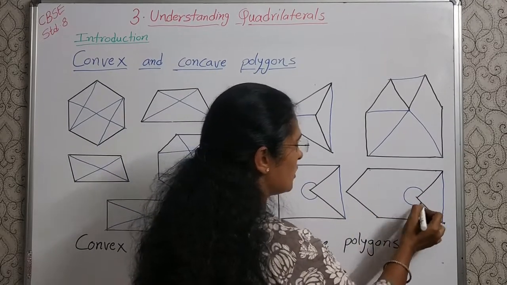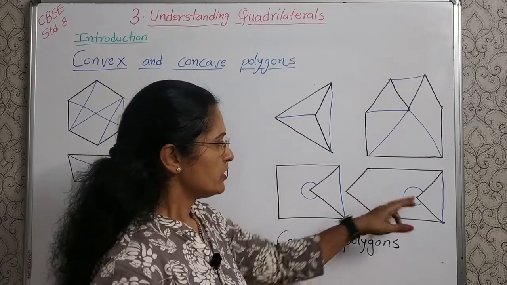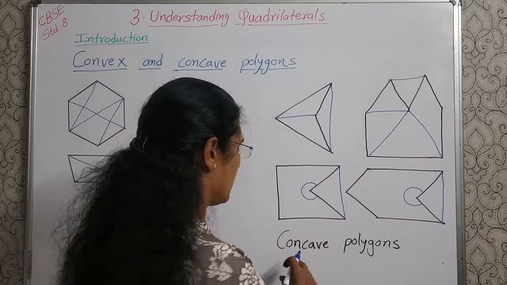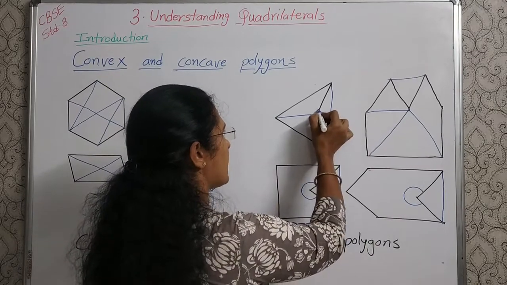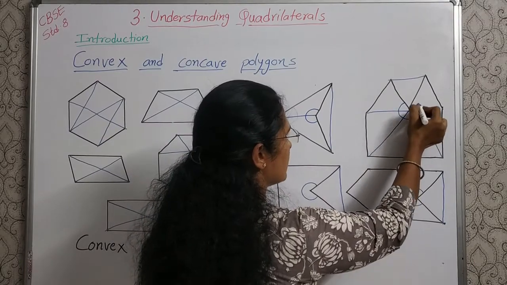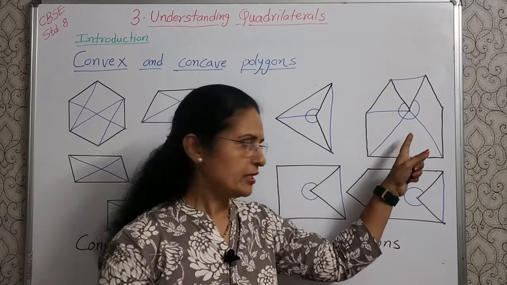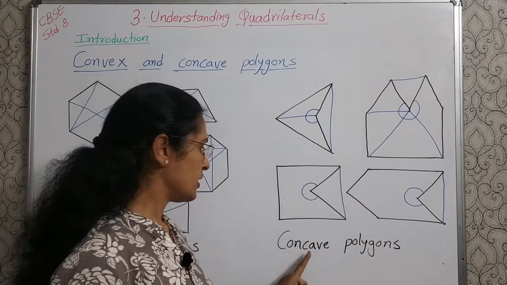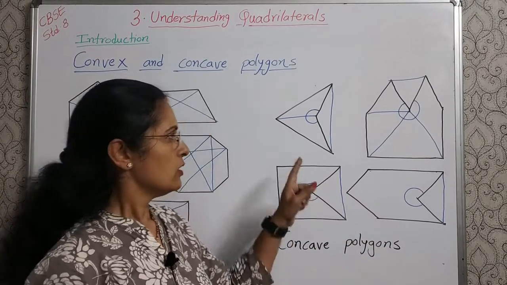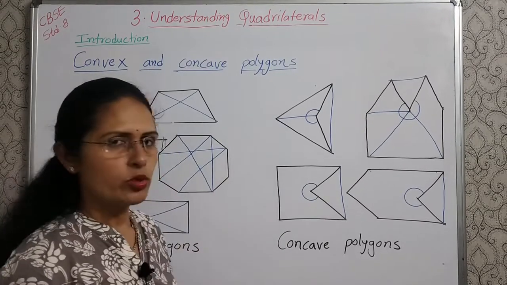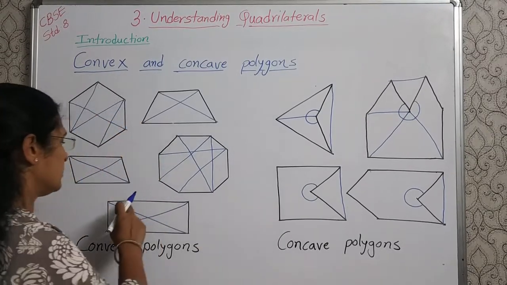This angle, the interior angle of this polygon, will be more than 180 degrees, so this is a concave polygon. Here also this angle will measure more than 180 degrees, and even here. Therefore these are concave polygons. This is one property of concave polygons: one of the interior angles is more than 180 degrees.